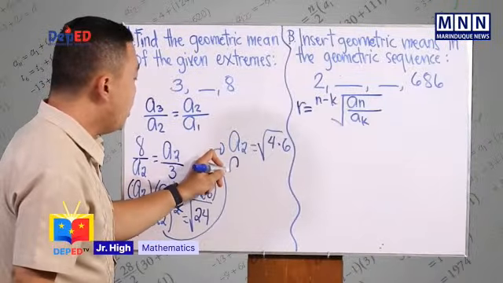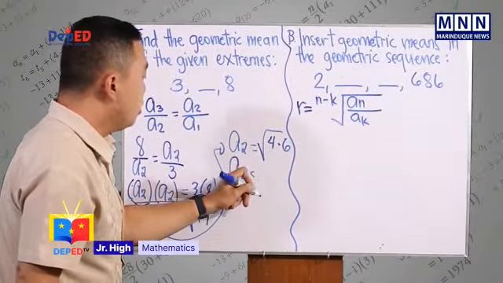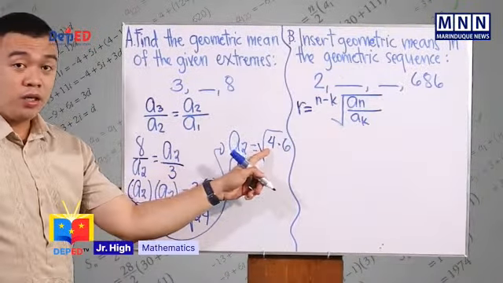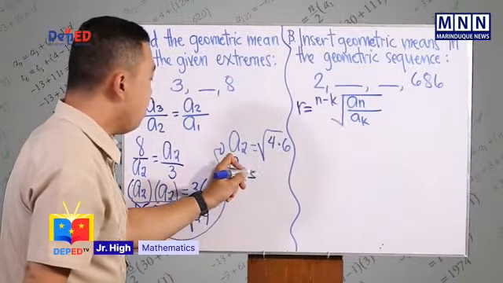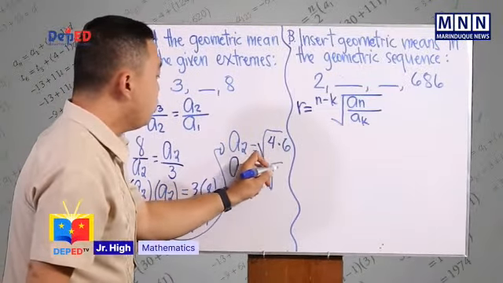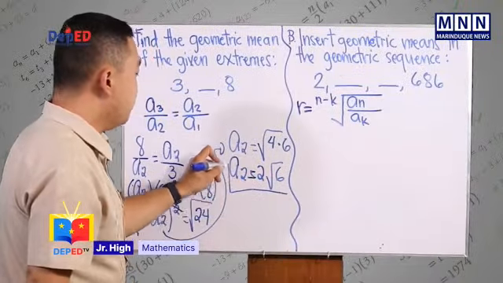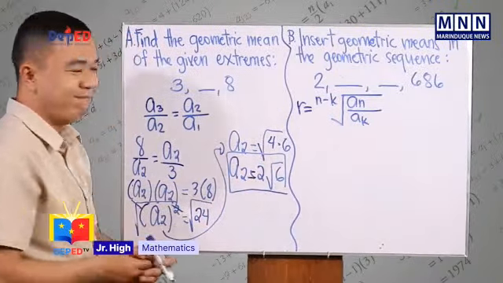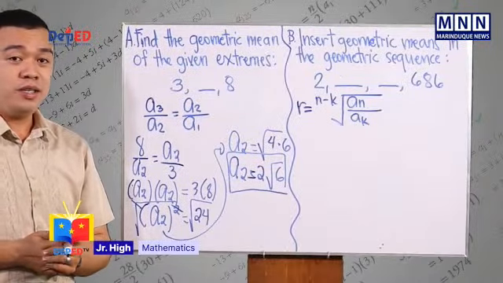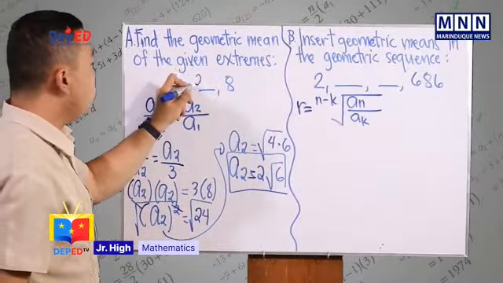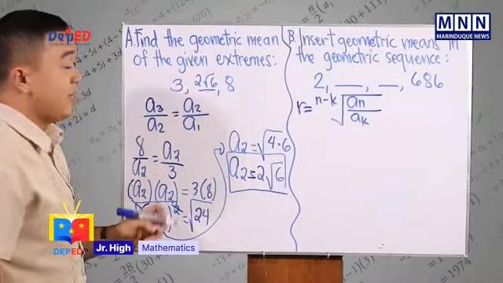Then we will have a sub 2. Since 4 is a perfect square, the square root of 4 is 2. That's 2 square root of 6. So the geometric mean of the sequence is 2 square root of 6.